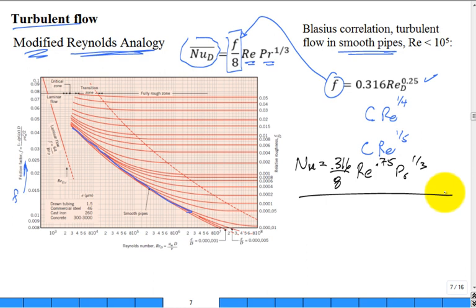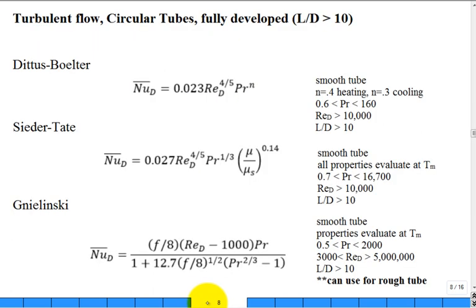But a lot of people, over the years, had worked on correlations. And so you can use the modified Reynolds analogy. It will give you an answer. Or you can use something that's going to look a lot like it. All of the correlations are going to look a lot like this. Here they are. The Dittus-Boelter, just look at it. The constant, 0.023.